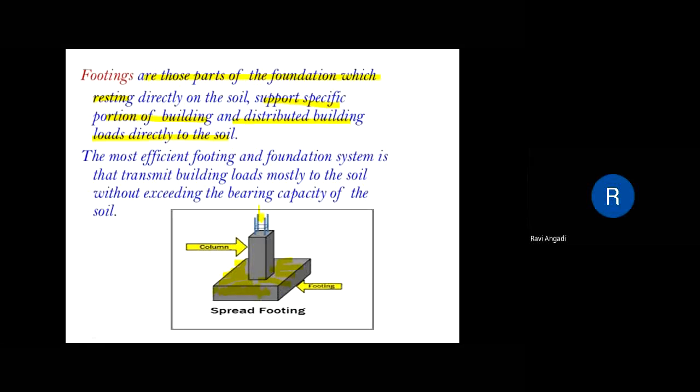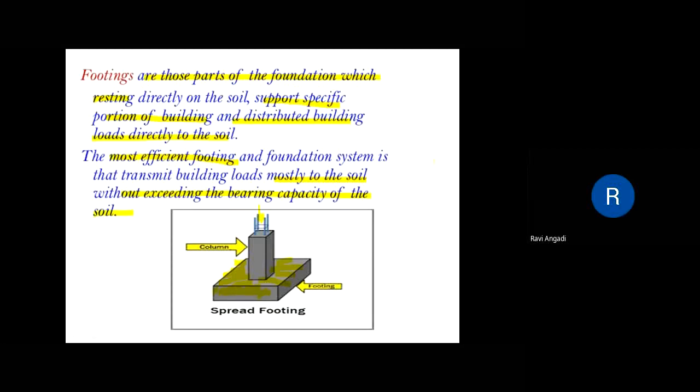Here a footing supports a specific portion of the building and distributes building loads directly to the soil. The most efficient footing and foundation system is the one which transmits building loads to the soil without exceeding the bearing capacity of the soil.